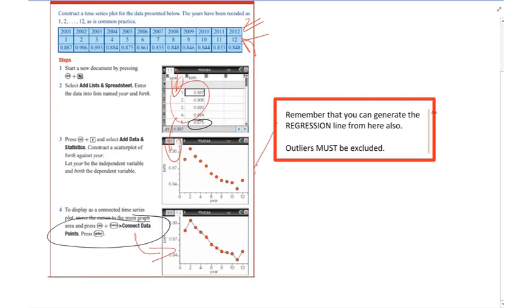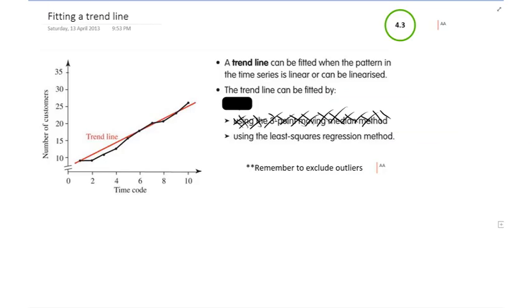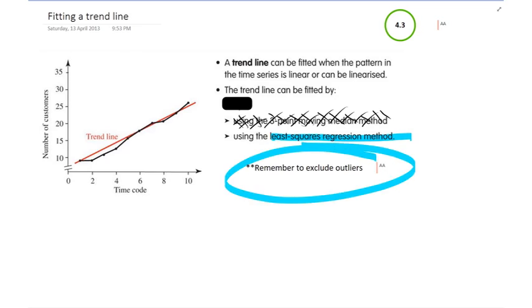As I've said here, you can do your regression, which you know how to do, but you need to remove any outliers. A trend line can be fitted when the time series pattern is linear or can be linearized. Remember, you could have transformations here, but we're using least squares regression. And remember to remove any excluding outliers.